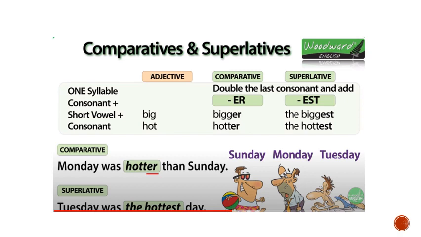The first, big and hot. Big, mbiemri big, fillon me bashkëtingëllore. B is a consonant. I is a vowel. I-ja është zanore. Dhe g-ja është bashkëtingëllore gjithashtu. Atëherë, ne thamë, dyfishojmë bashkëtingëlloren e fundit. Pra, bashkëtingëllorja e fundit e mbiemrit big është g-ja. Do dyfishohet dhe pastaj do t'i shtojmë er.